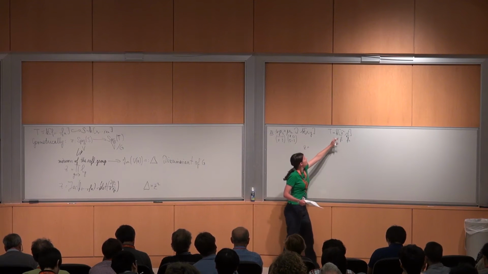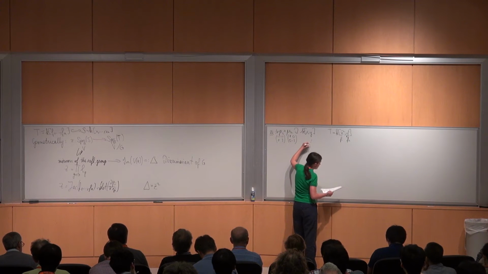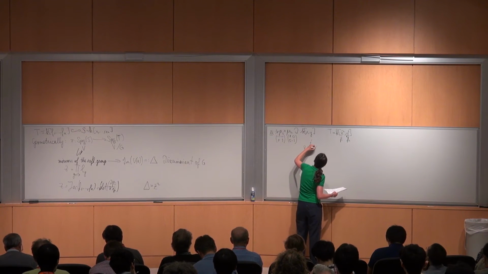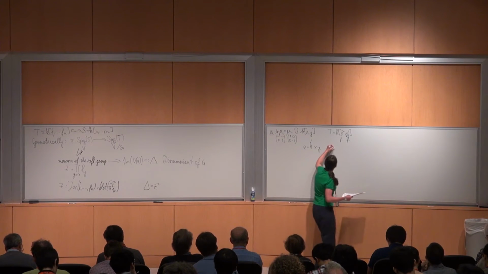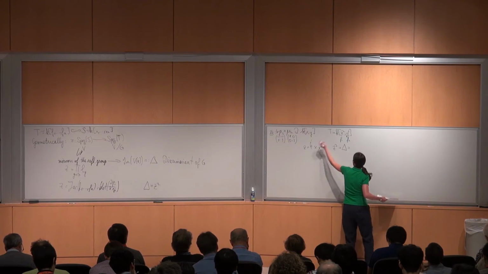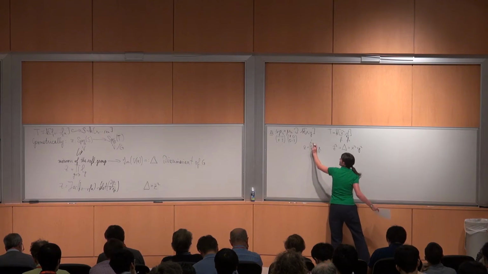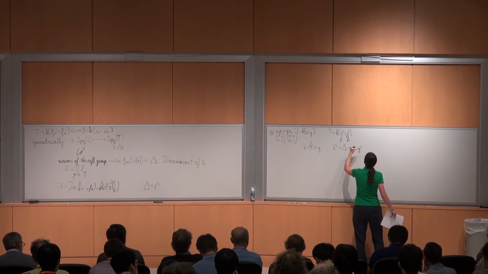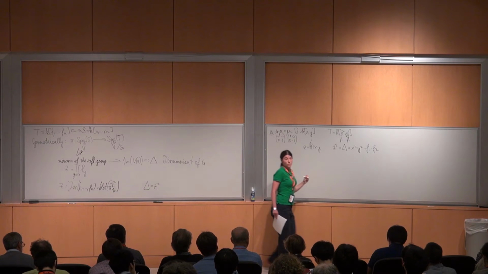So I just get 4 times x times y, so a normal crossing divisor, and Z squared. The discriminant in this case is just this squared, so I get x squared y squared, if I forget this constant factor here, and this is f1 times f2 in the quotient.